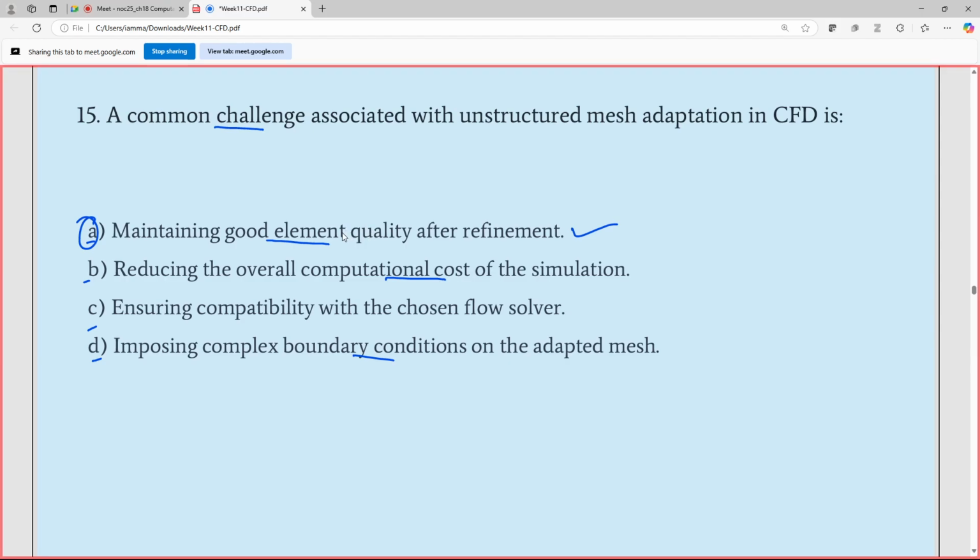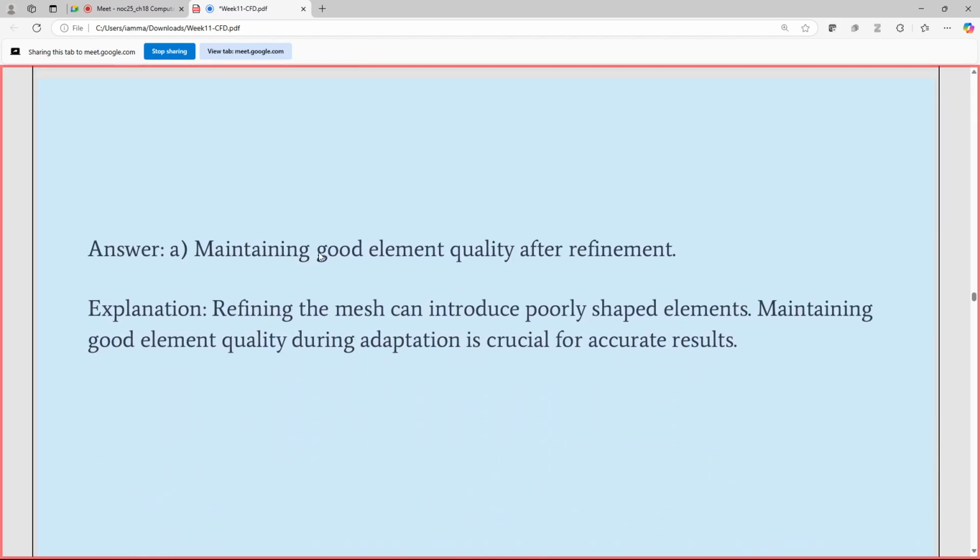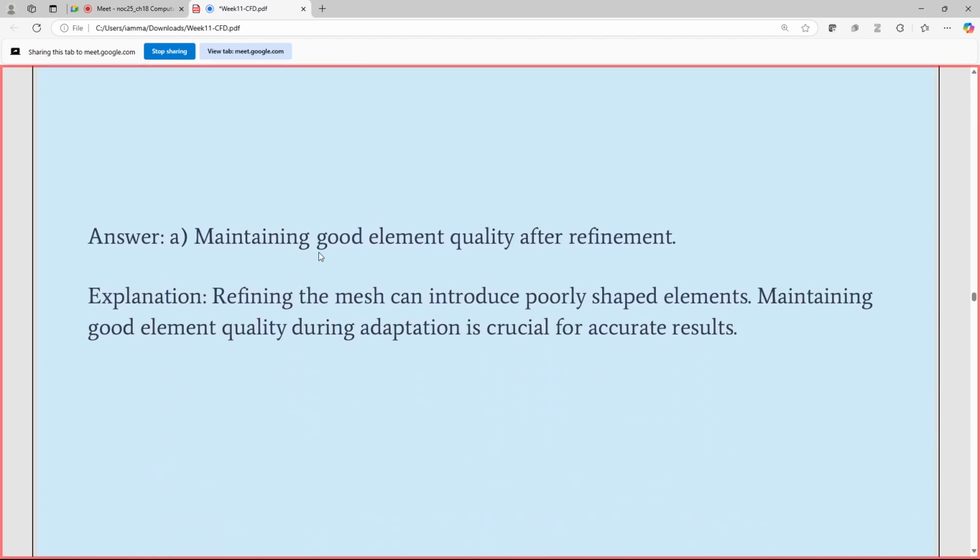It becomes increasingly difficult when we are going for step by step refinement. We are continuously refining the mesh. Maintaining good mesh quality or element quality becomes an increasingly challenging process in unstructured meshes.